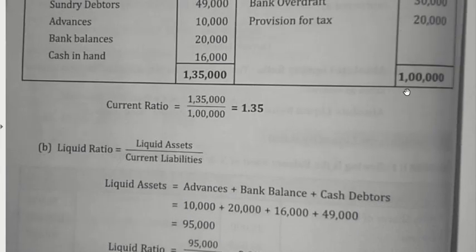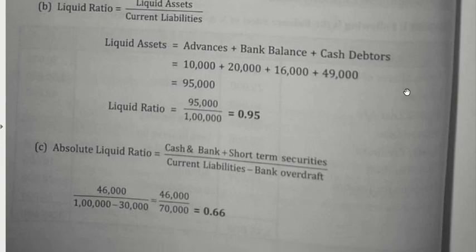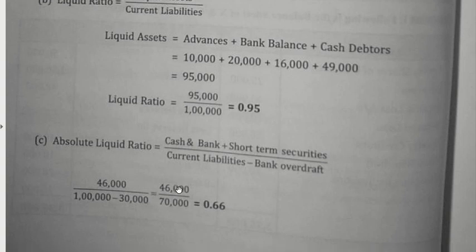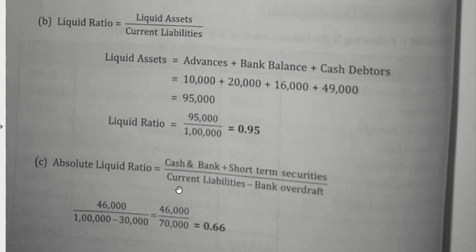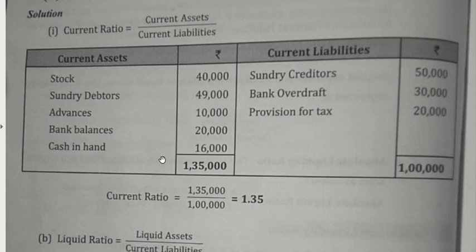How did you get 1 lakh? It is your current liabilities. Your third ratio is the absolute liquid ratio: cash plus bank plus short-term securities divided by current liabilities minus bank overdraft. So what is your bank balance? Your bank balance is 20,000 plus your advances, which is 10,000, and cash in hand, which is 16,000.